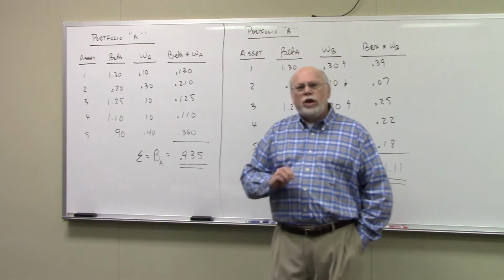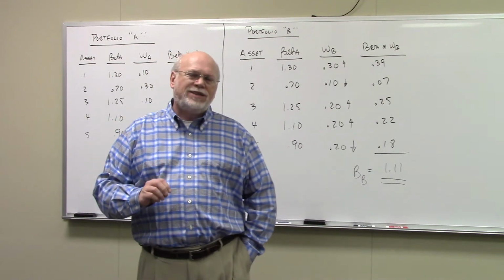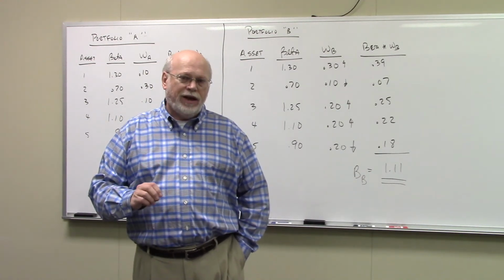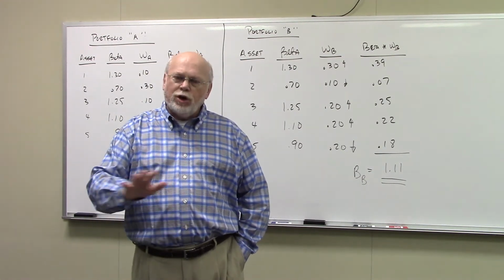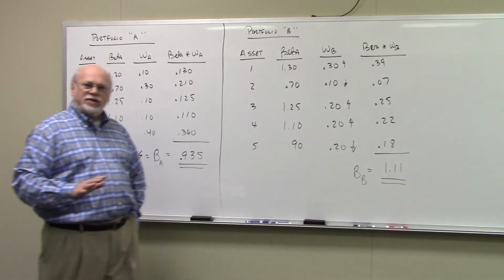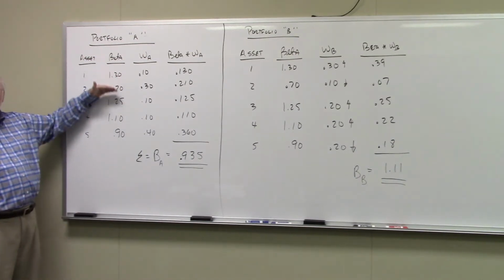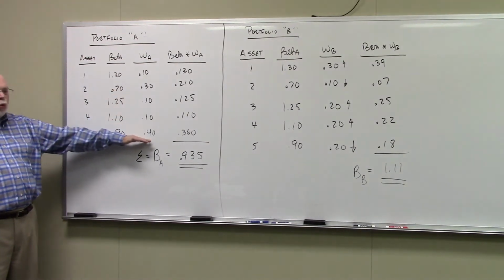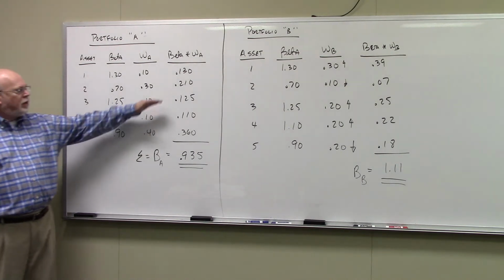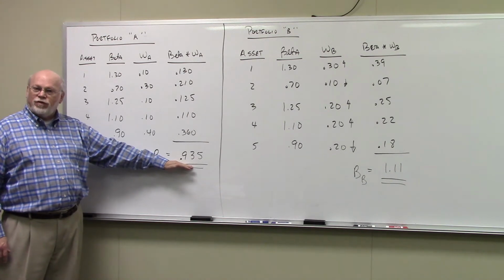Now, one good thing about beta is that it's a relatively easy statistic to calculate for a portfolio of assets. And the beta of a portfolio of assets is simply a weighted average beta. You would multiply each asset's beta by the weight it makes up of the portfolio, sum those products, and you get the beta of the portfolio.